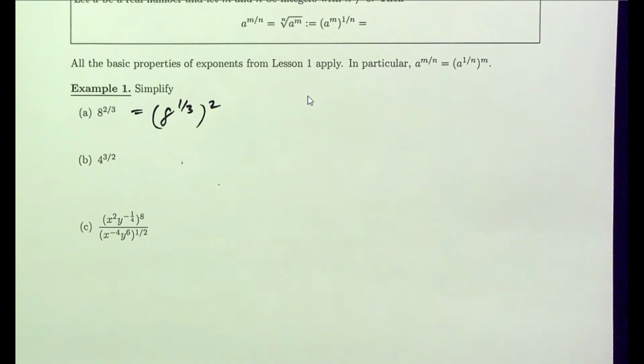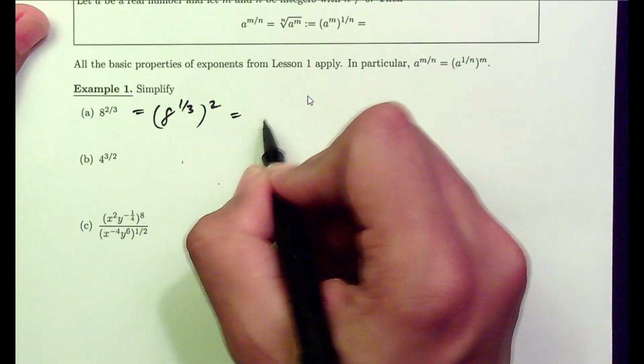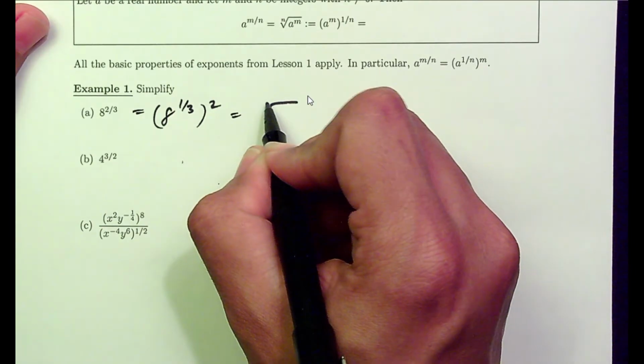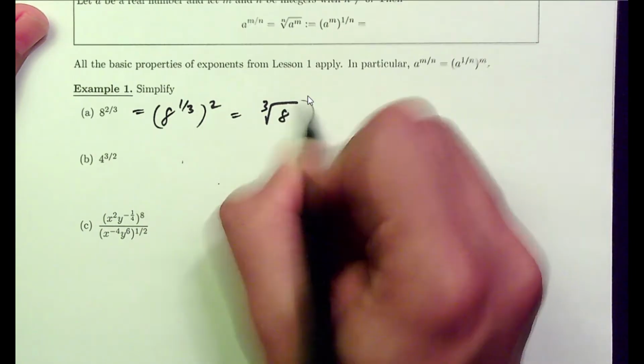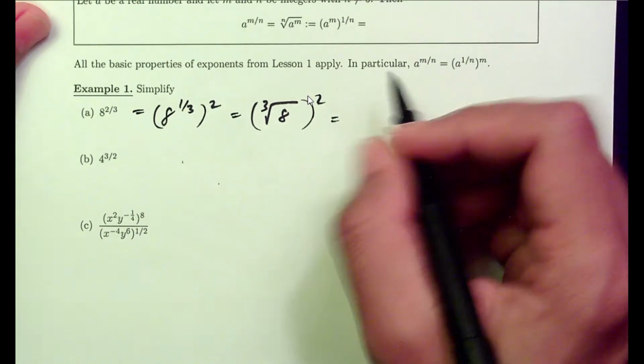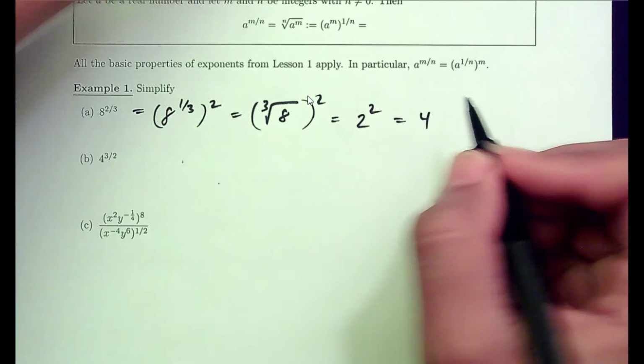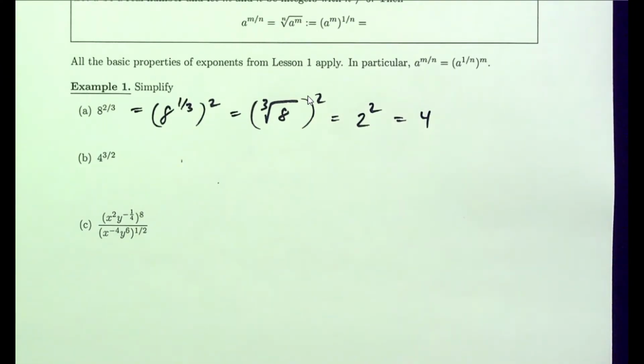So I interpret that as 8 to the 1/3, squared. And as we just said, to the 1/3 really is the same thing as the cubic root. The cubic root of 8 is 2, so that would be 2 squared, which is 4. And that is the answer.